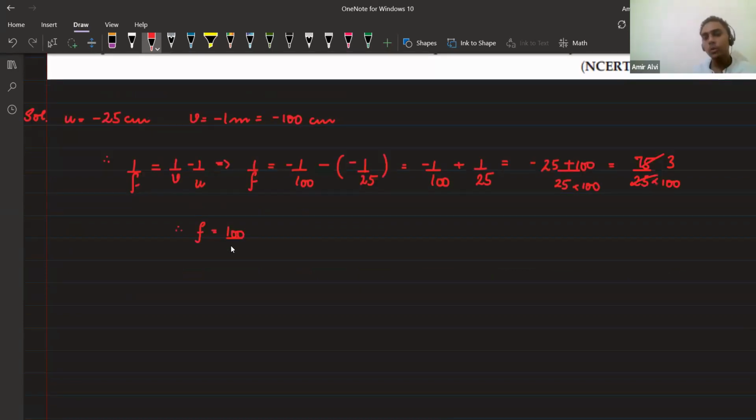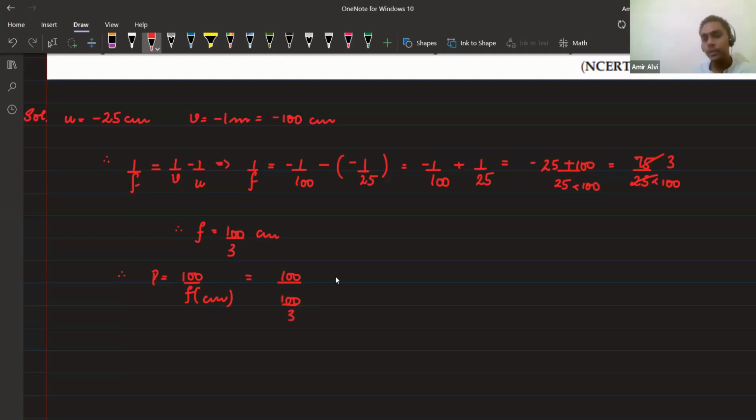Now I'm not going to convert it into decimal because what I need is the power of a lens. So power of a lens is 100 by f, with f in centimeters. Say yes or no. So I'll just substitute here. It would be 100 divided by 100 by 3.